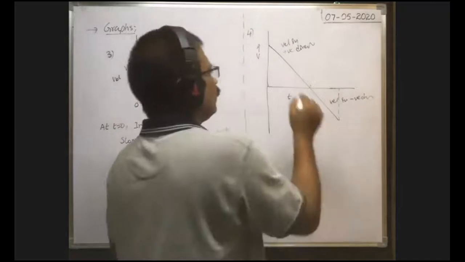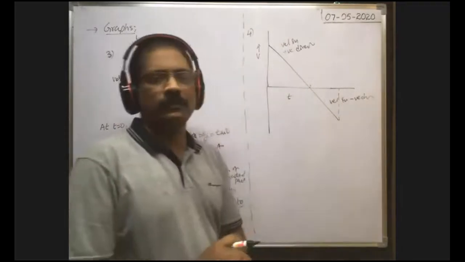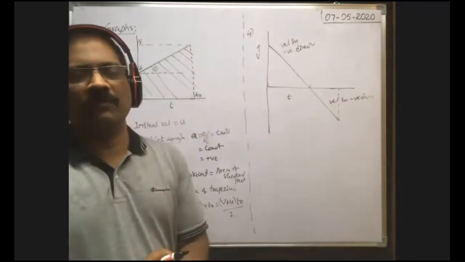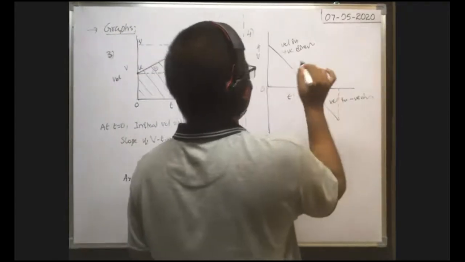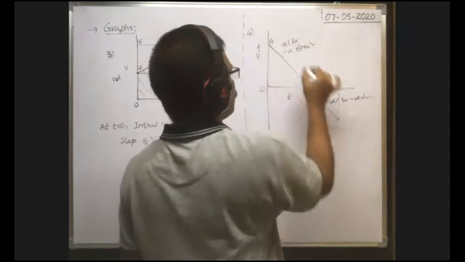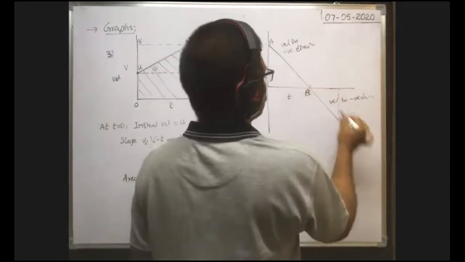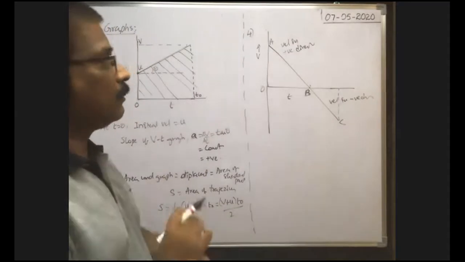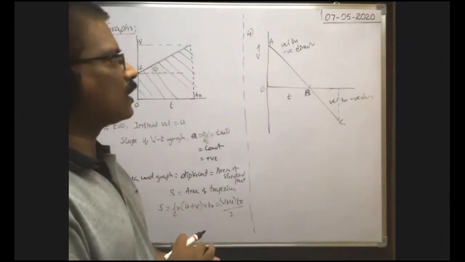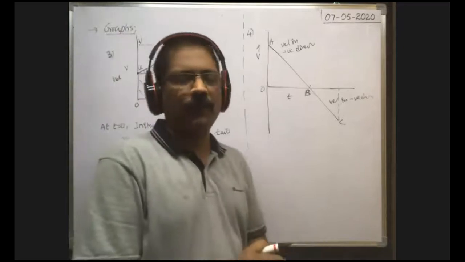Now what is the slope of this straight line, from A to B?